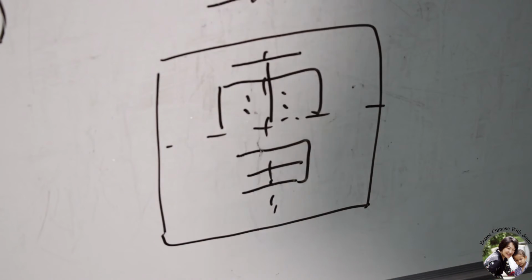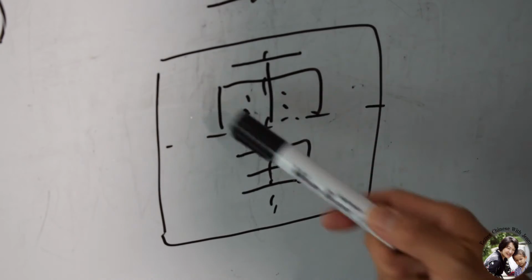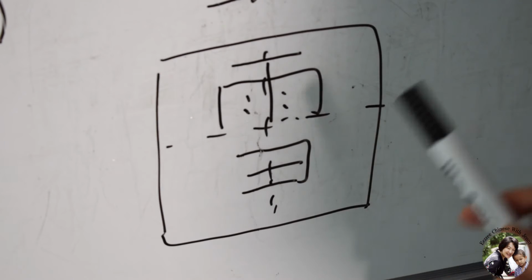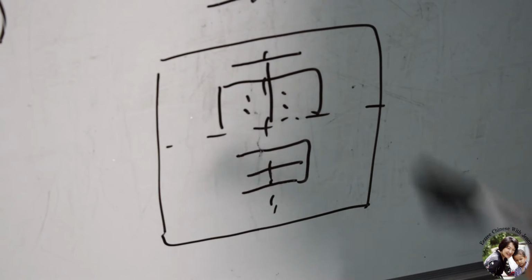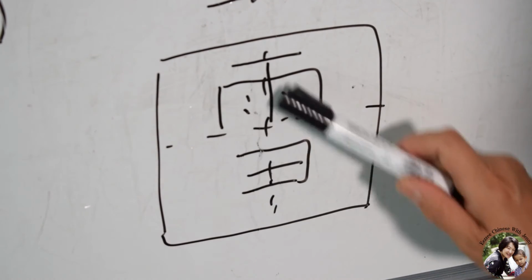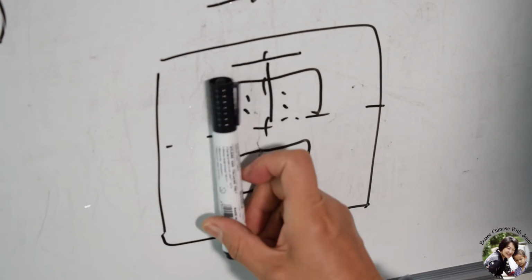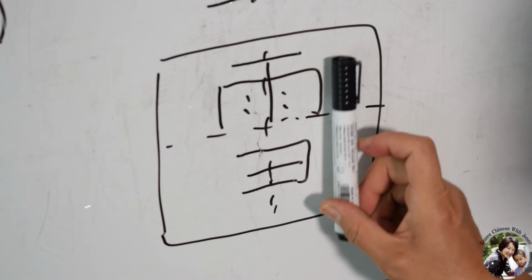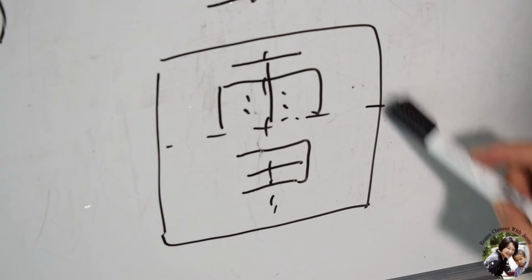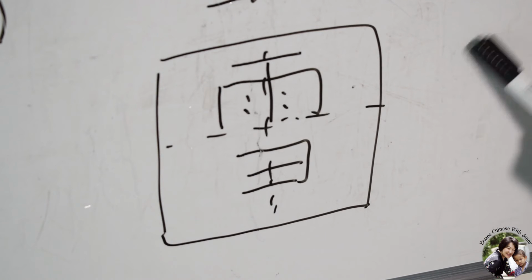I just want to introduce a little bit about how these Chinese characters are structured or formed. Many of them have an upper part and lower part, two parts, or a left part and right part forming one character, or an outer layer and an inside layer.